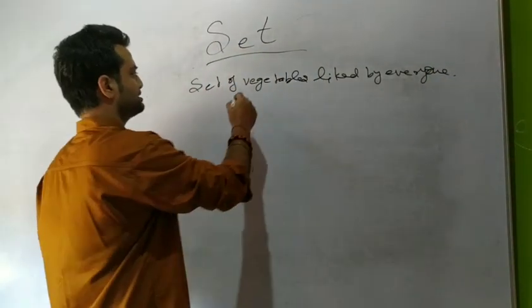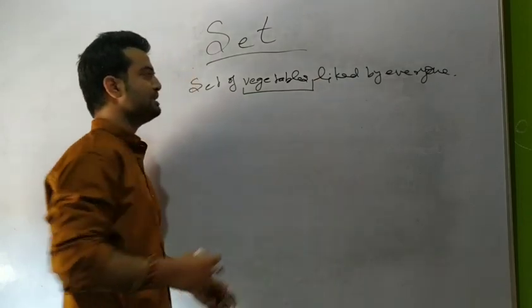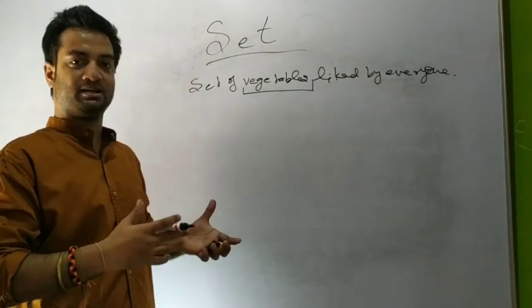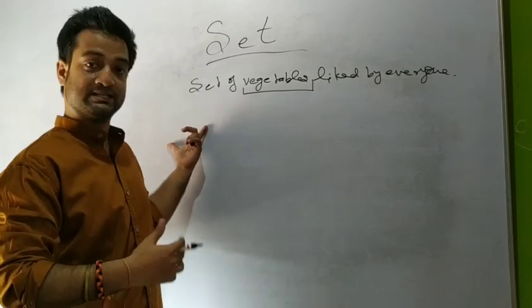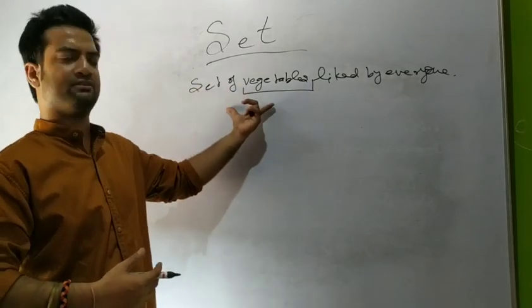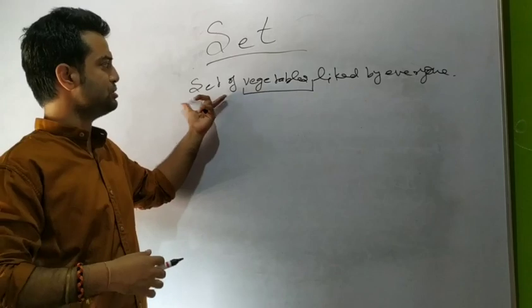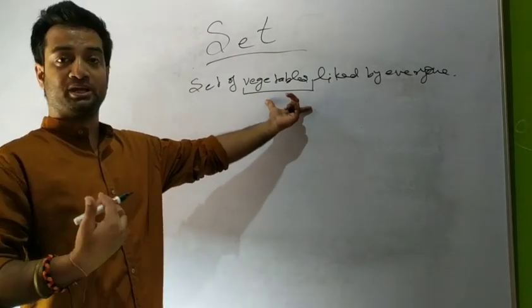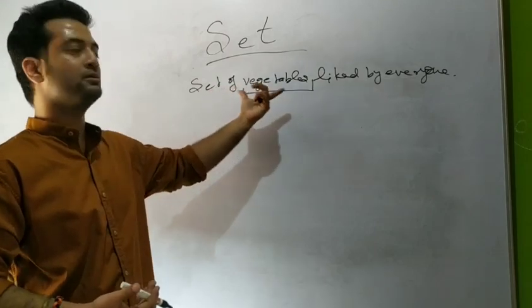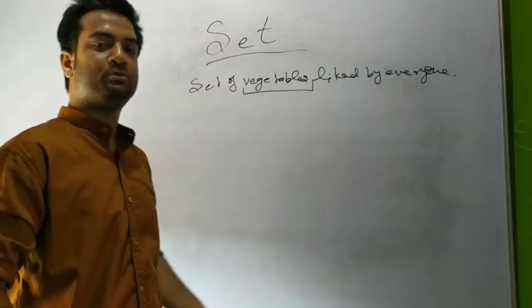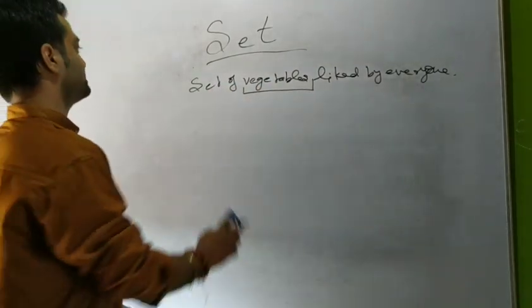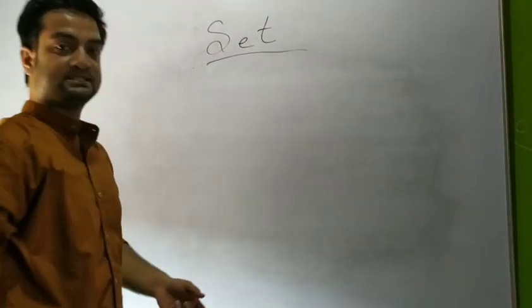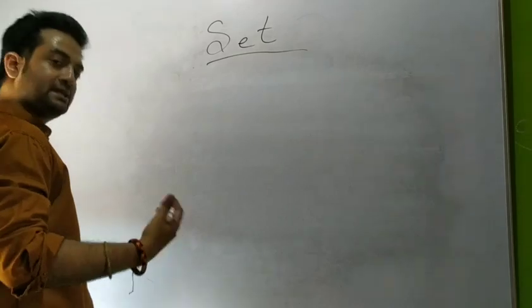When we talk about vegetables, it is not necessary that everyone likes every vegetable, and there is no specific criteria. Some may like a few vegetables, some may dislike them. So this is not well defined. Since this is not a well defined collection, we cannot form a set on the basis of this information. Hope you have understood what are well defined objects and what are not, and on the basis of the information which sets we can form and which we cannot.